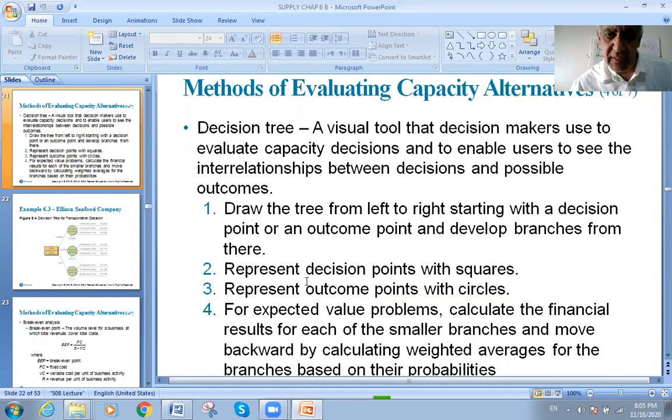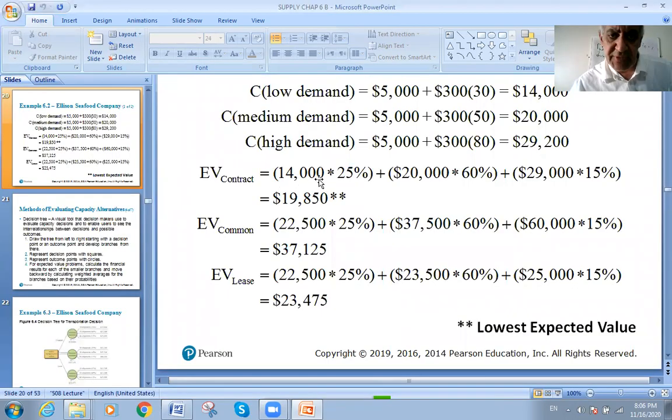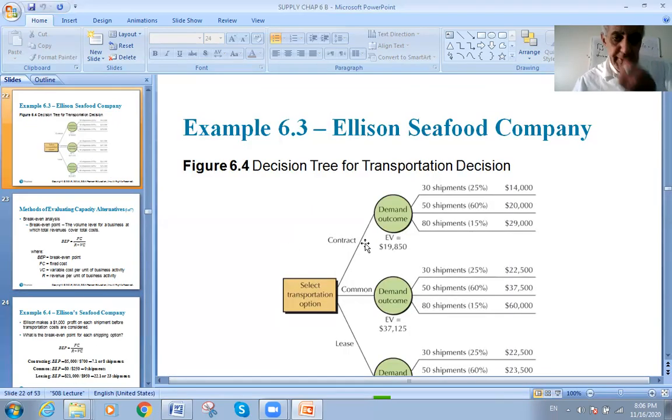Let's go for the solution here. 14,000 by 25%, 20,000 by 60%, 29,000 by 15%, and all of them together when I sum them, they come to 19,850.